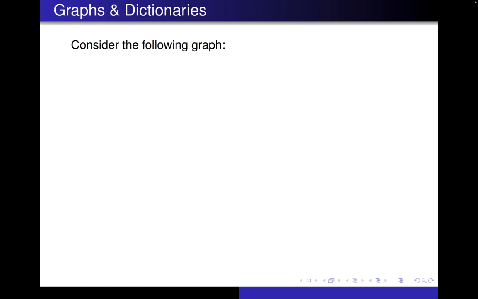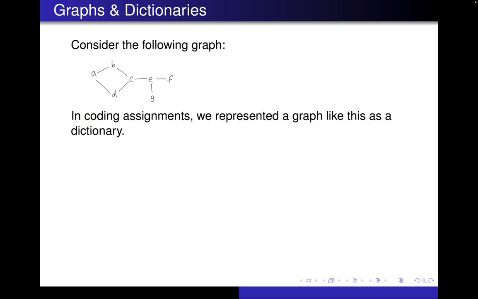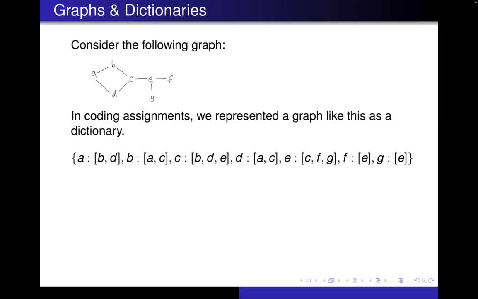All right, so let's look at the following graph. We have a bunch of vertices A through G and some edges that show relationships between them. In the coding assignments that you've done so far, here's the way we've represented the graph. We've done it with a dictionary, something like this.